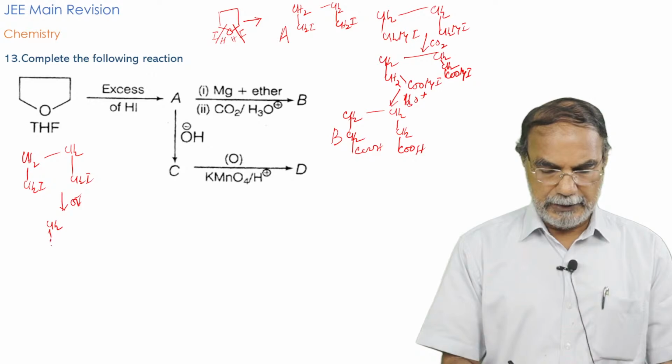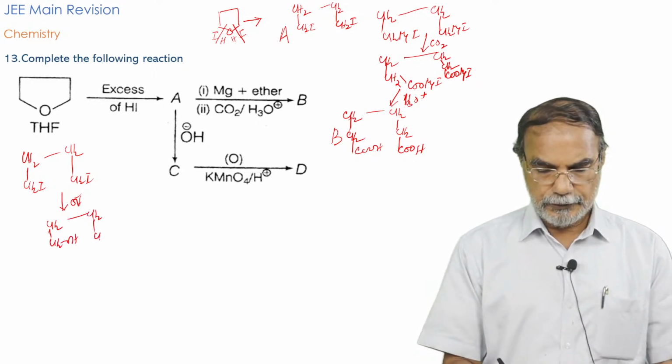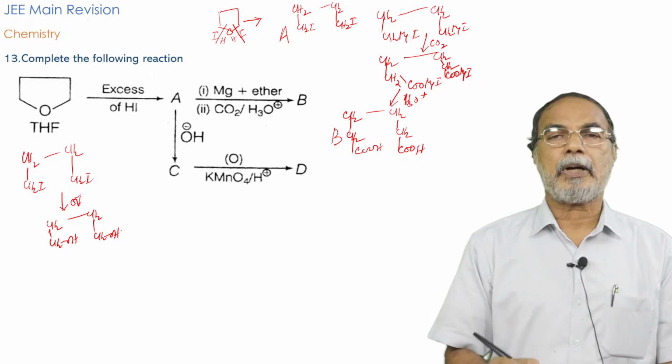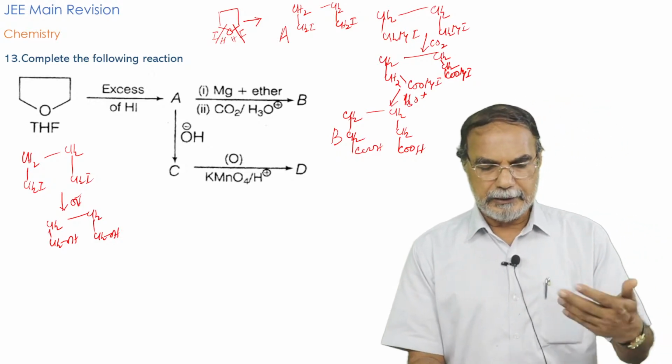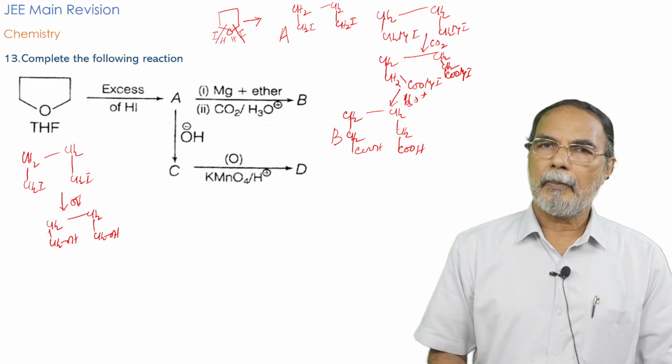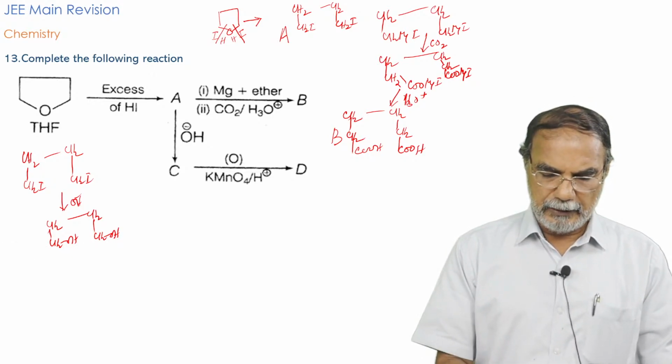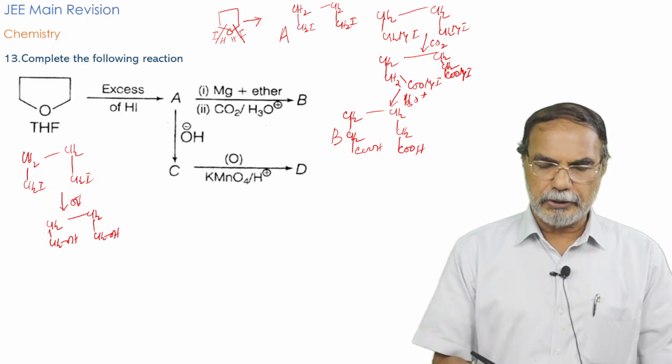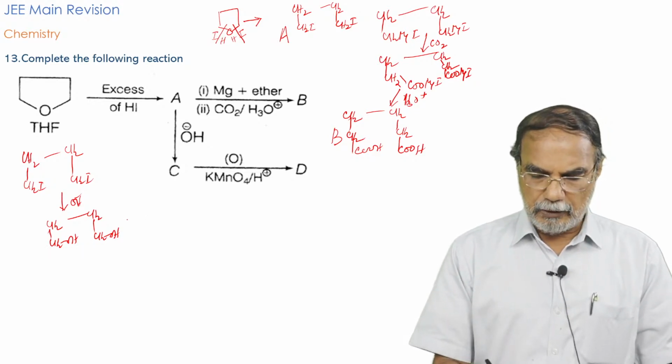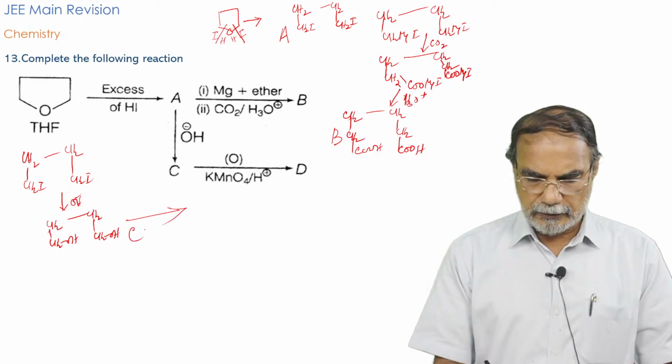Anybody can write that. You have CH2OH and this is CH2, CH2OH. So that is the product obtained. The iodine atoms are replaced by OH group by SN reaction, and you get the dihydric compound CH2, CH2OH, CH2, CH2OH. This is the compound C.